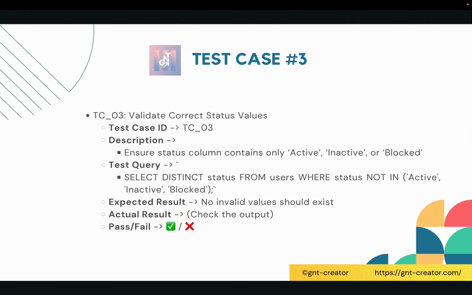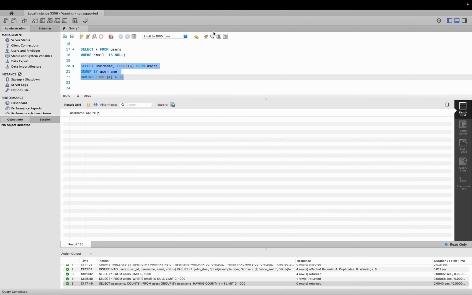Now let's see test case number 3. As you can see, it has this test case ID. Description: ensure status column contains only active, inactive, or blocked. That's the test query. Expected result: no invalid values should exist, and actual result, pass or fail we will provide after the test execution. Let's provide this query.